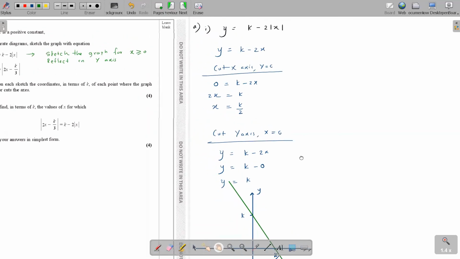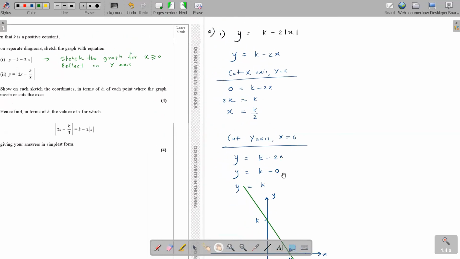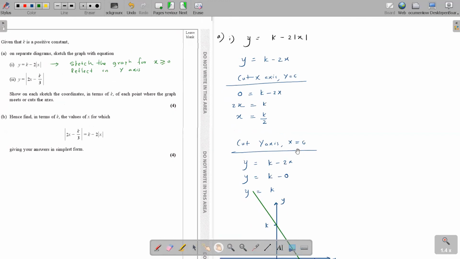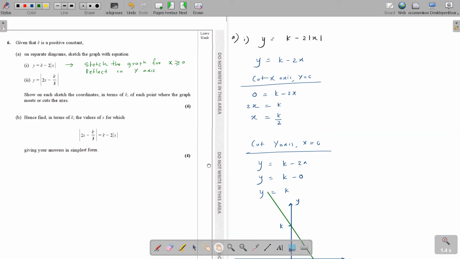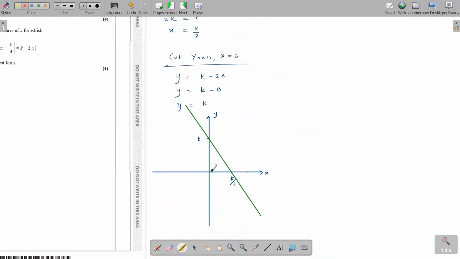After you get all your cutting points and draw the graph, now start thinking about the modulus. When the modulus mark is only around x, what's the rule? You sketch your graph only for the positive x figures, which means the positive x-axis, not the negative x.